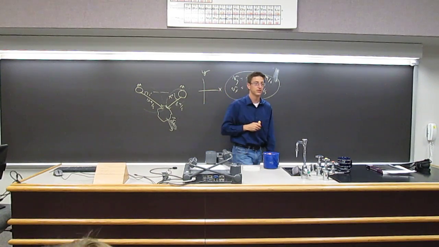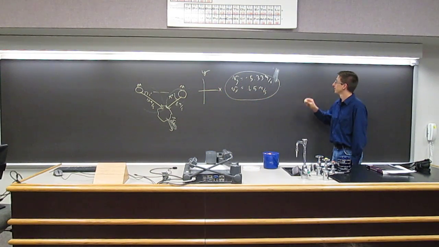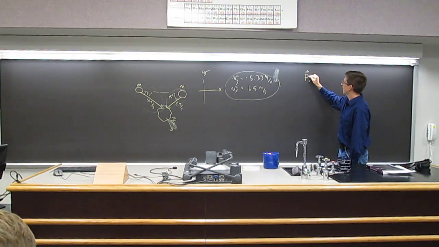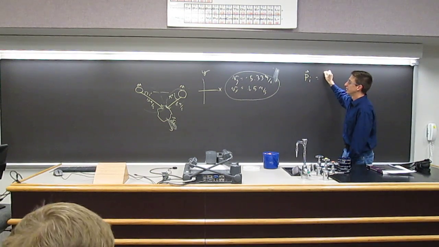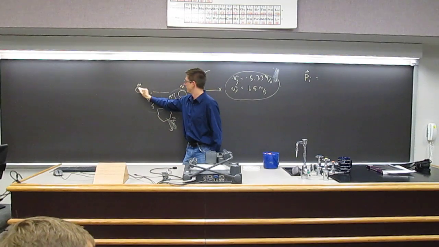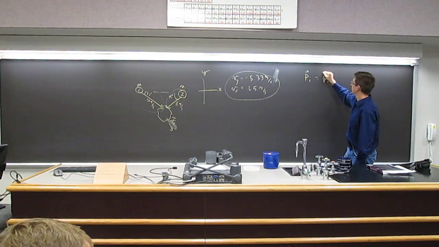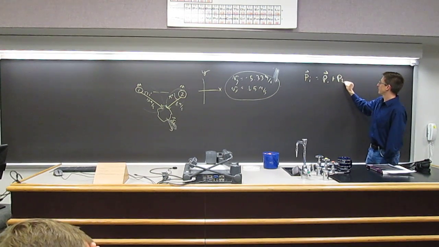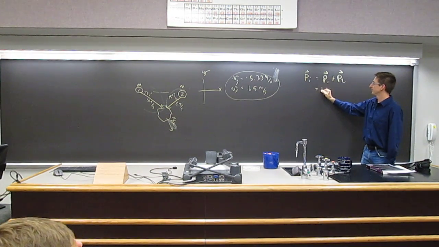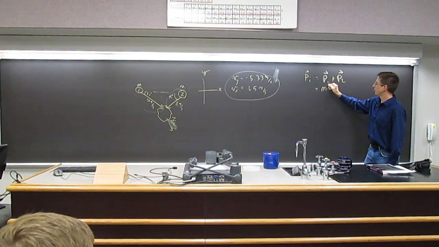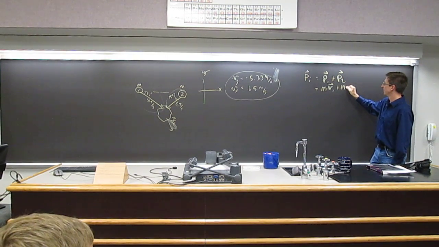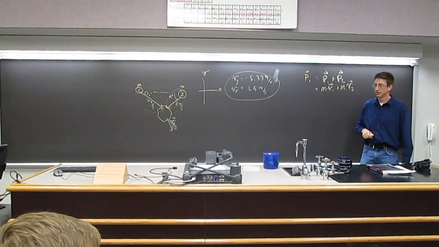Let's call this mass 1 and this mass 2. P initial is the sum of the momentum of mass 1 and mass 2, which is m v1 vector plus m v2 vector.